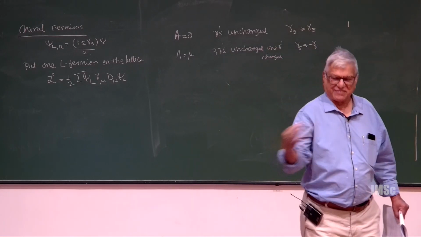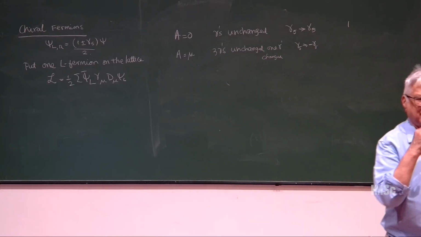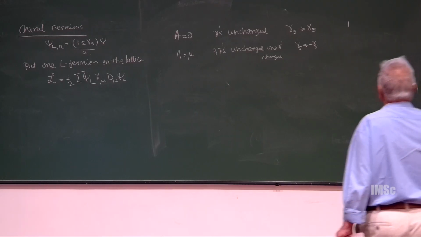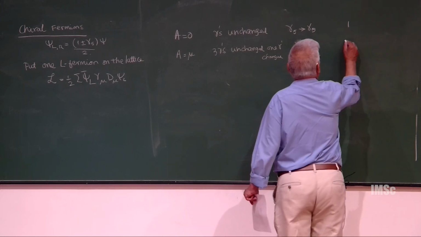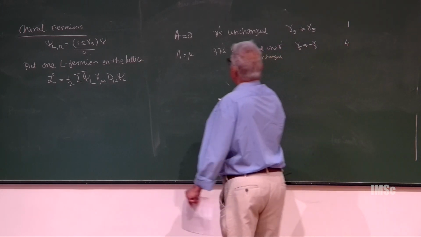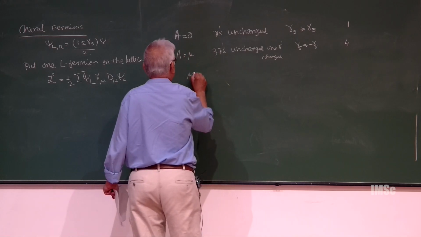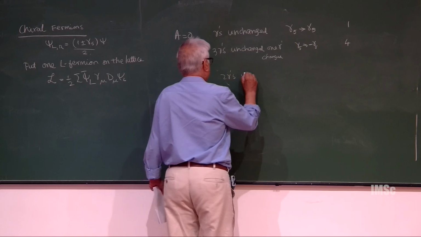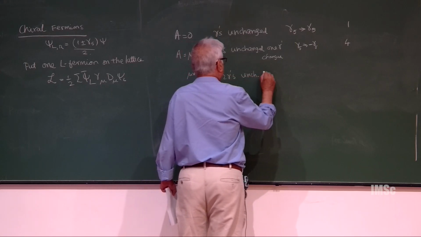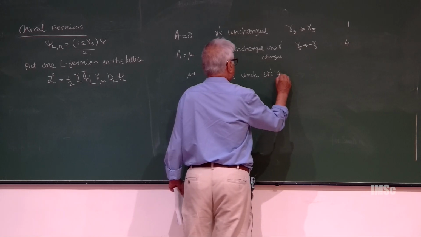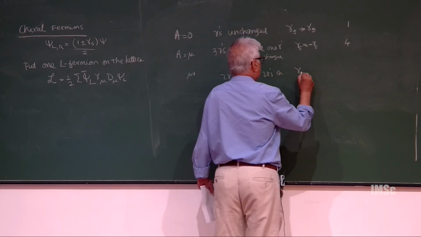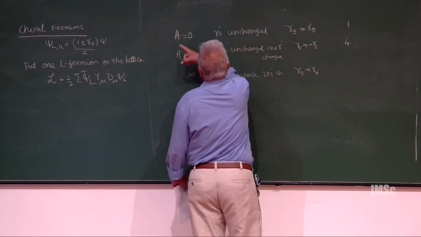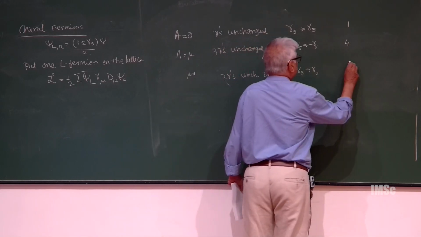So what you thought was a left-handed fermion, at these points, will become a right-handed fermion. And there are 4 of them. And at the mu nu point, 2 gammas are unchanged and 2 gammas are changed. So gamma 5 goes to gamma 5, and it again remains left-handed, and there are 6 of these.